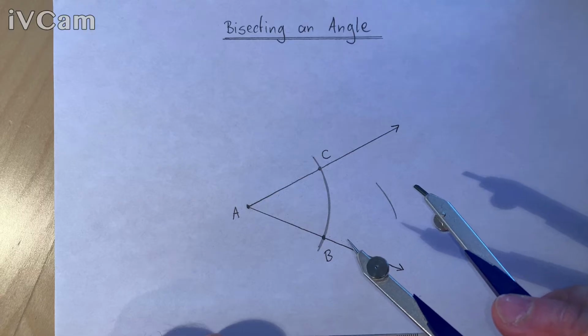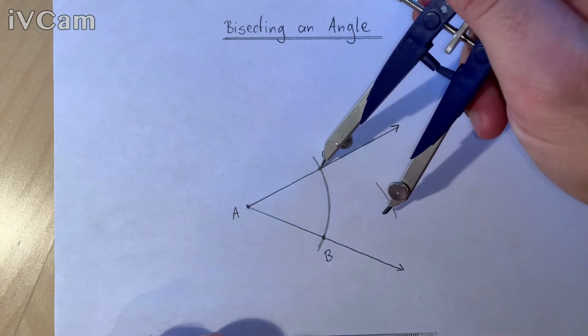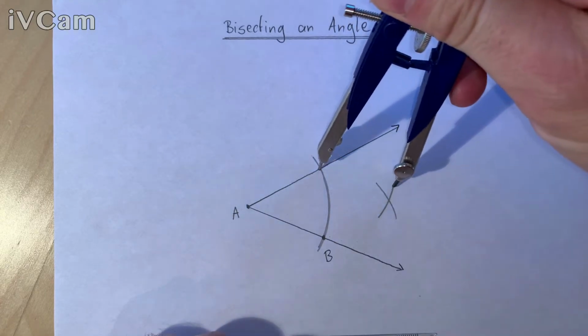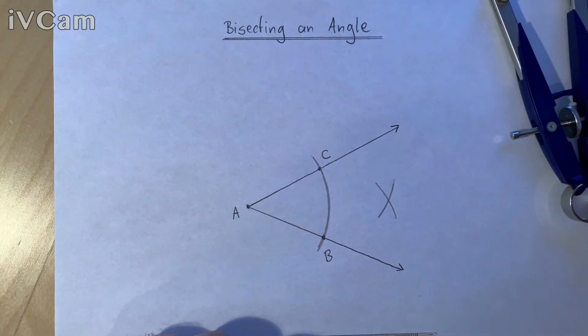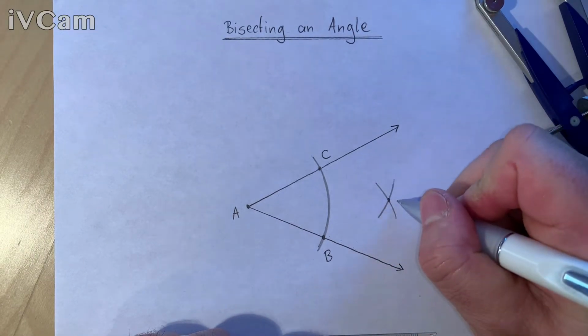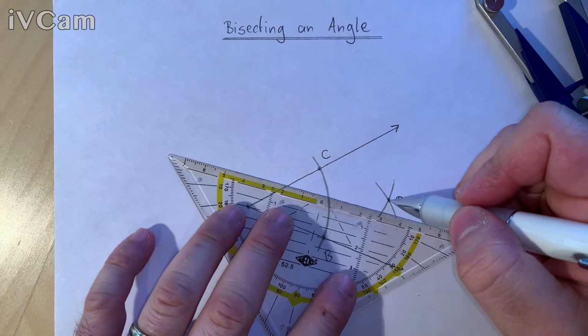Now we're going to keep the same exact radius or width on the compass, go on C, and draw another arc here, okay? The most important thing here is that both of these arcs need to be intersecting at some point, let's call it point D. And another important thing is that both have the same radius.